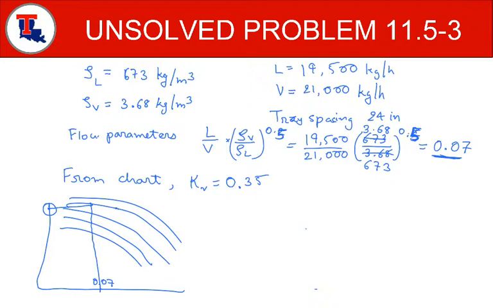So now you can calculate. What do we need? We need Vmax equal to kV times sigma over 20 raised to 0.2.